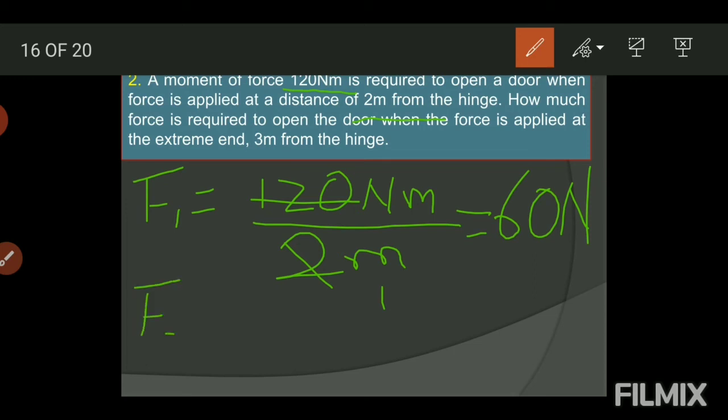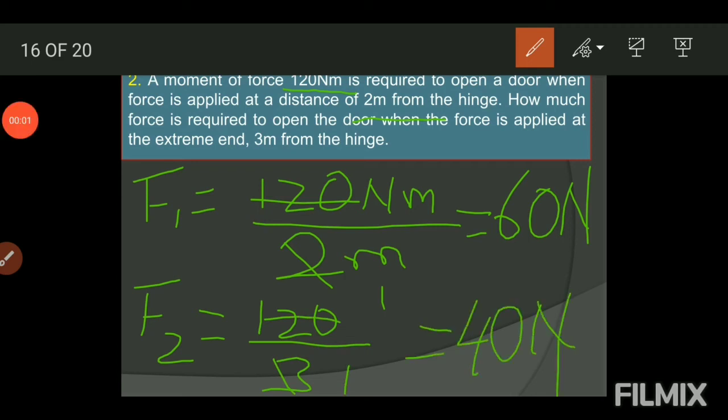Now, say this force is named as F1. So to find the F2, when it is from 3 meter from the hinge, moment of force is same, 120 by 3. You get 40 Newton.